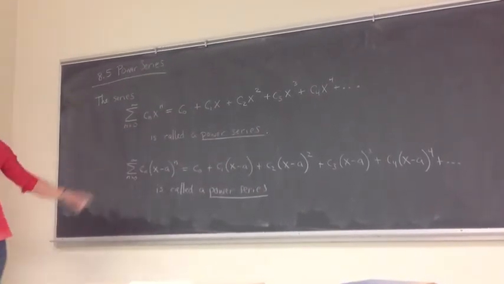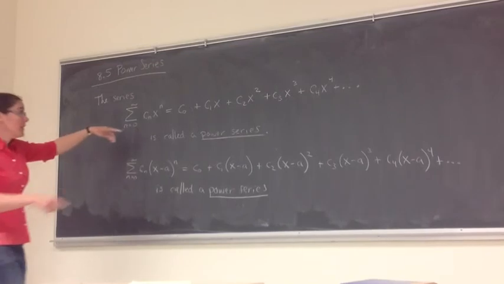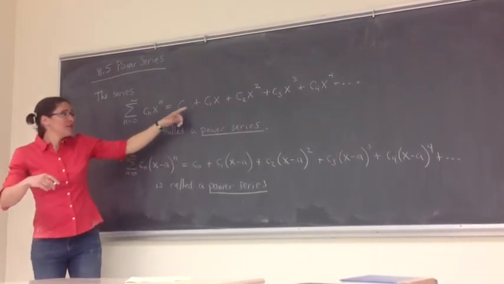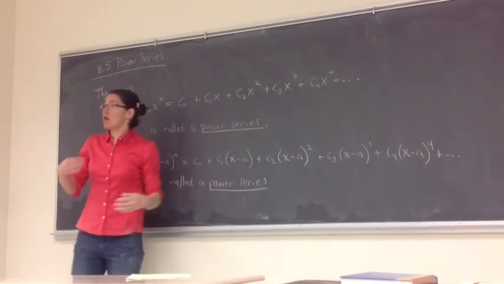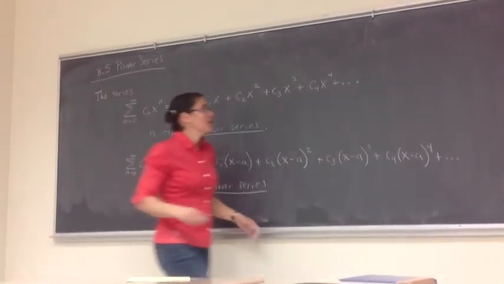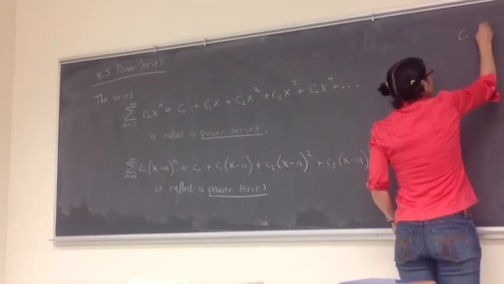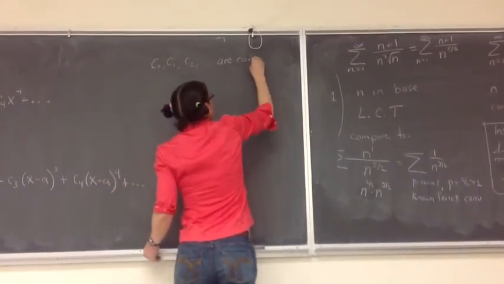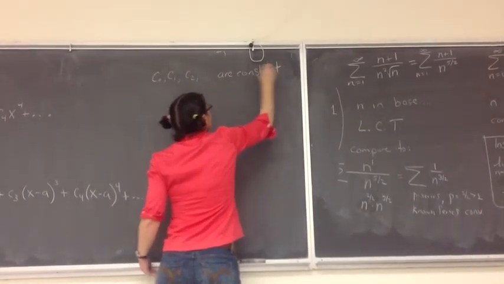Now, what you might notice about these two examples here are that we have these C values, C0, C1, C2, these are our coefficients. And so the C's, C0, C1, C2, etc., are constant coefficients.